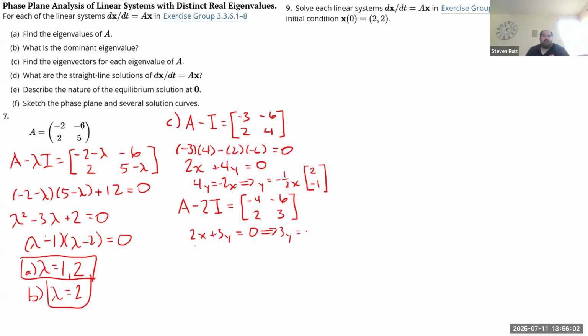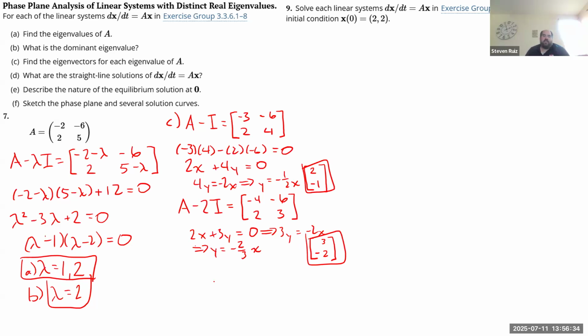So 3y equals negative 2x, or y equals negative 2/3 x. So what's a good eigenvector here? If x is 3, then y is negative 2. All right, so I've got my eigenvalues, and I have my eigenvectors that correspond to those eigenvalues.